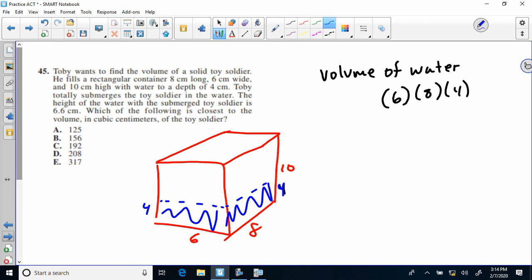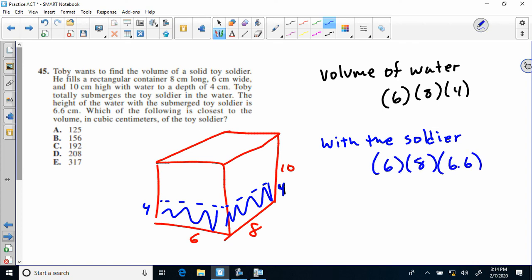Toby totally submerges the toy soldier in the water, so the water is going to be different. The height of the water with the submerged toy soldier is 6.6 centimeters. So its volume would be 6 times 8 times 6.6, because the water rose when you put the little toy soldier in there.